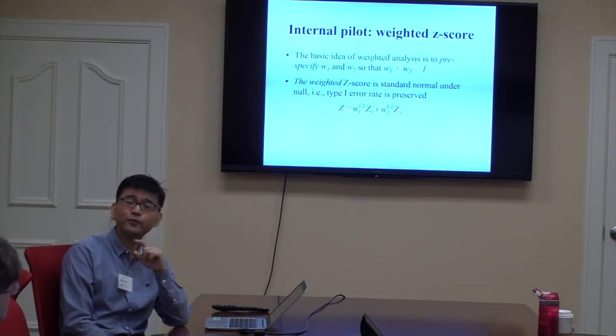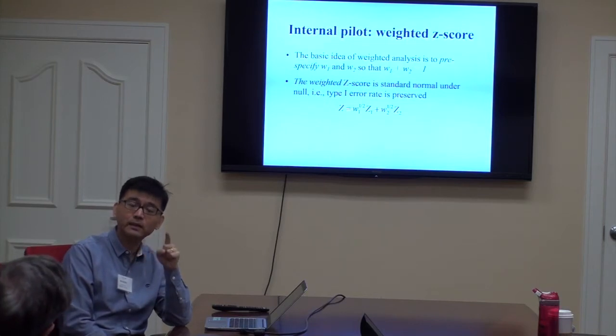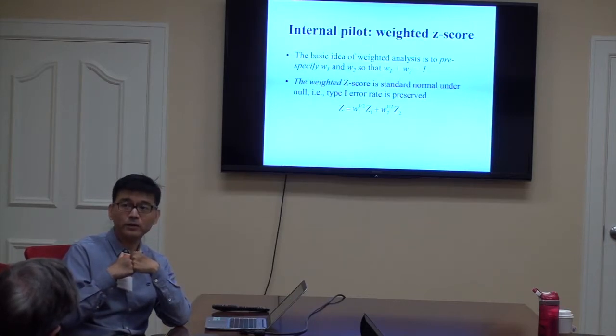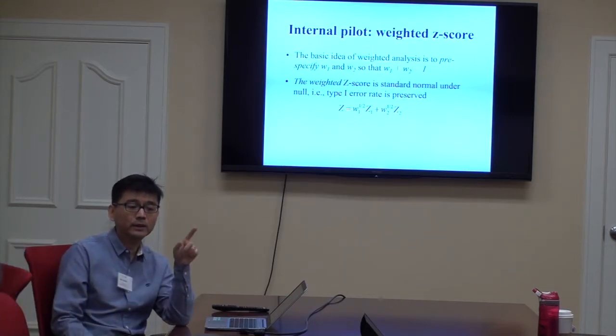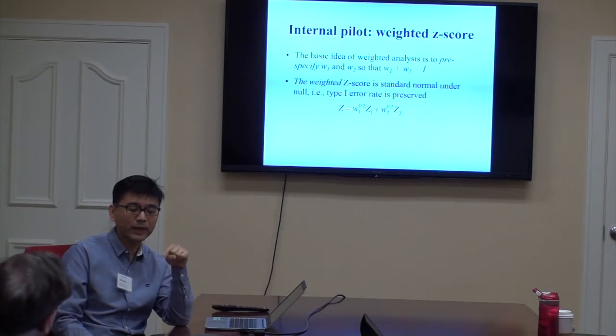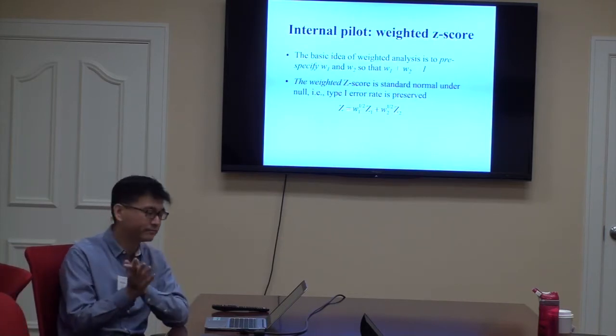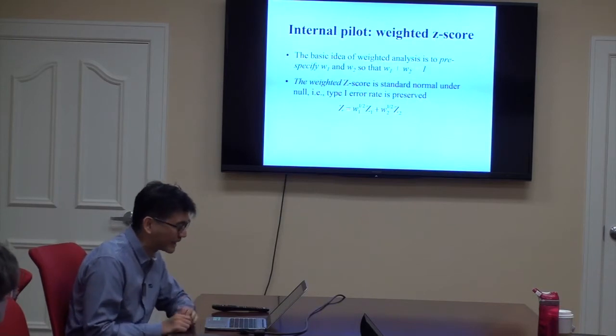If you don't do that, even if you do unblinded sample size re-estimation based on what I call the nuisance parameter estimate, you will be fine. The only concern about doing the sample size re-estimation based on an unblinded estimate is operational bias. The bias is not statistical, it's operational, because you unblind the study and then a lot of things can happen.